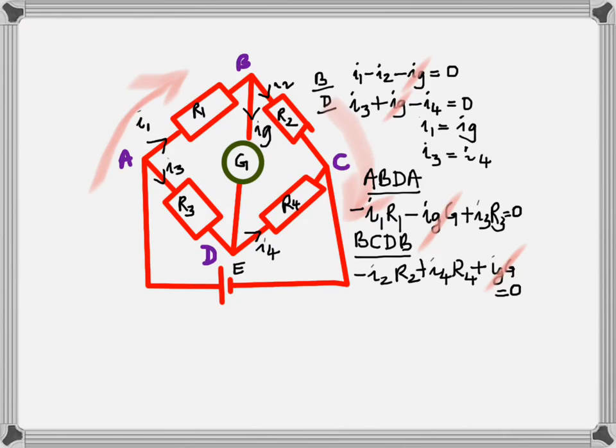Yes? Okay, write it down. I1R1 is equal to I3R3 and I2R2 is equal to I4R4.